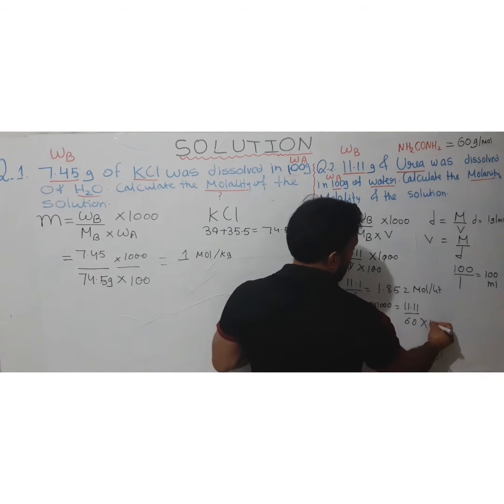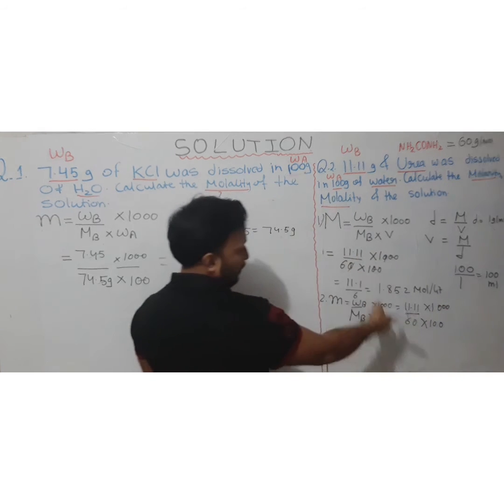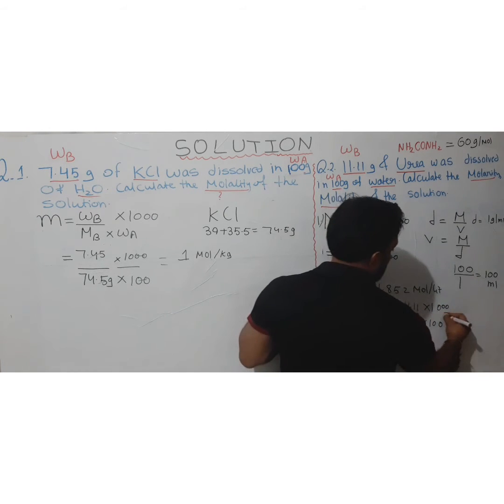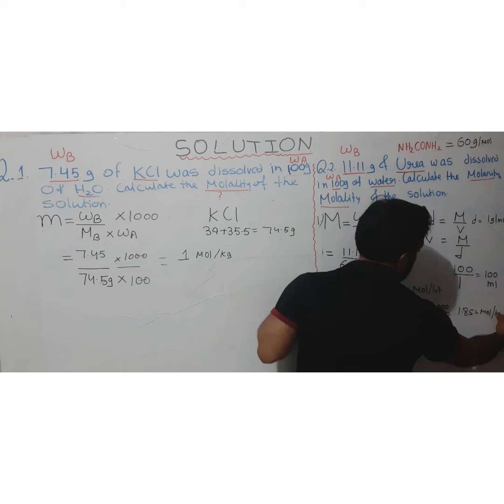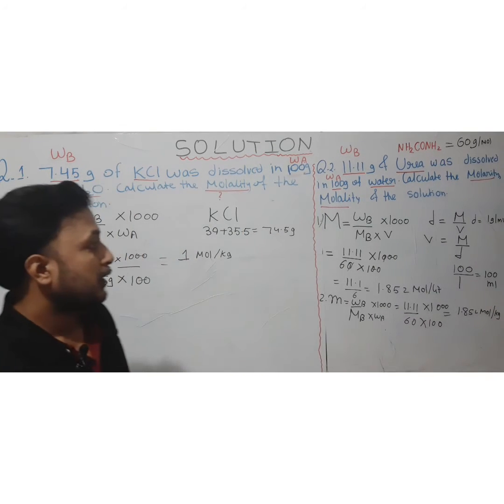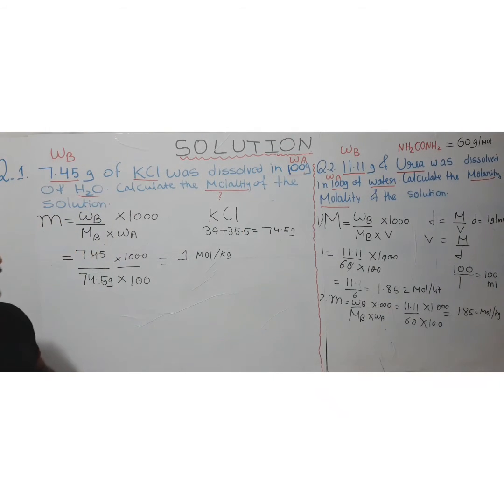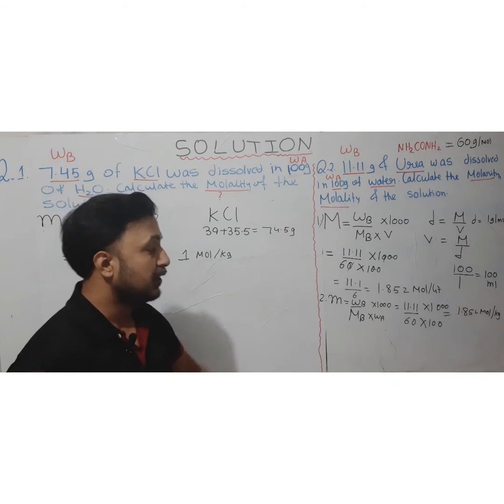WA is already given, 100, and that is 1000. So if you see the same type of calculation, it will be coming 1.852 mole per kg, because this is molality. So that is how we have calculated the molality and molarity when these things are given to you.